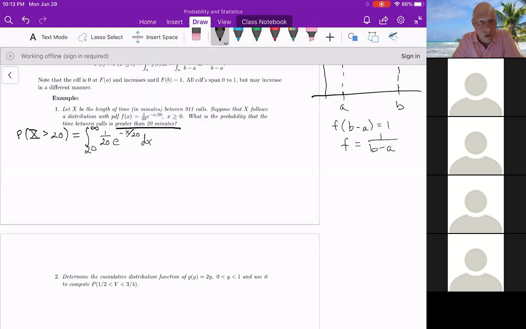What is the integral of this function? Before you evaluate, what is the integral?